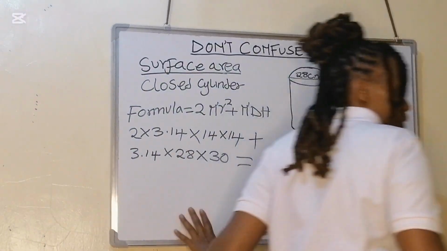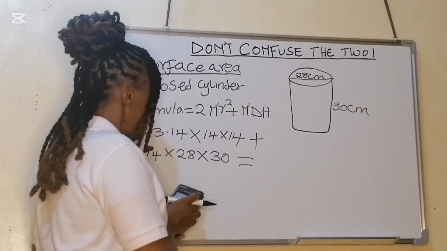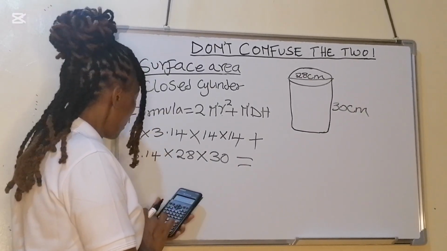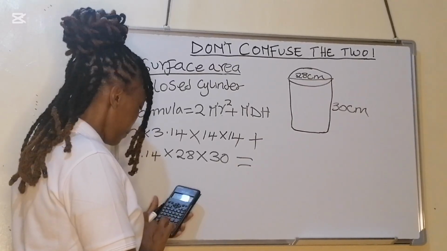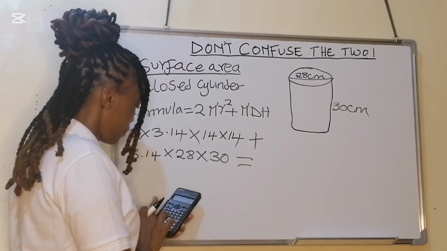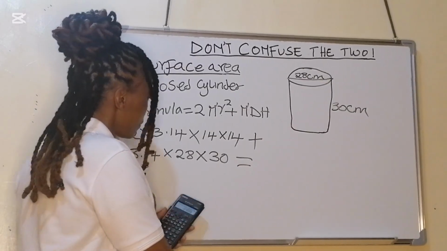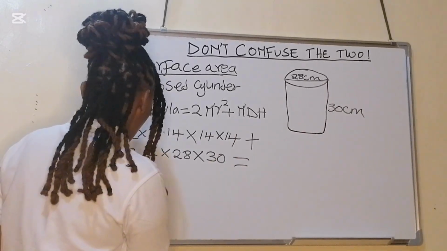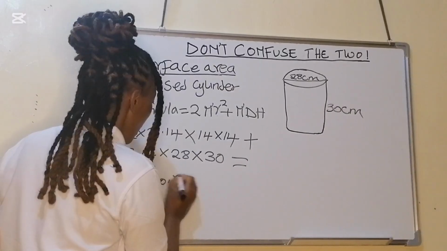I'm going to use a calculator. I know you have a calculator with you. Please let's calculate together. The first part, 2 pi r squared, I got 1230.88.